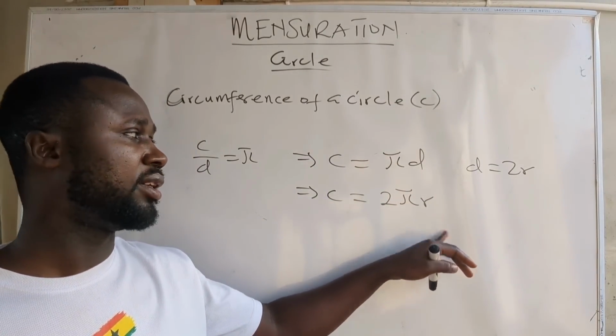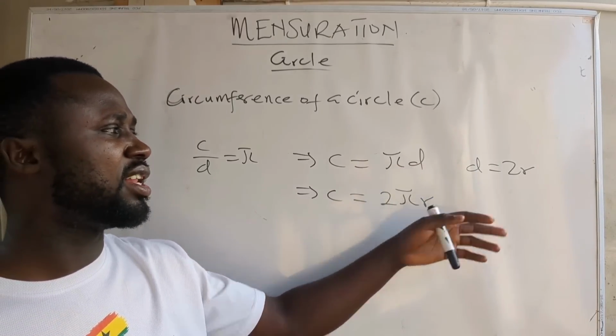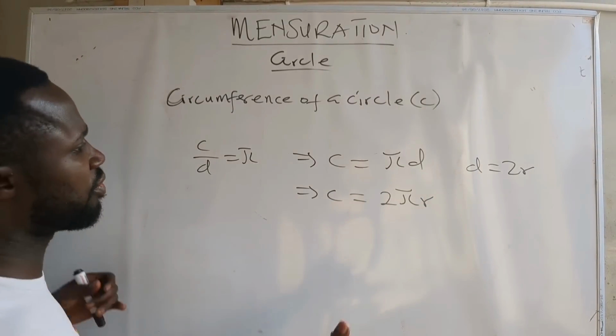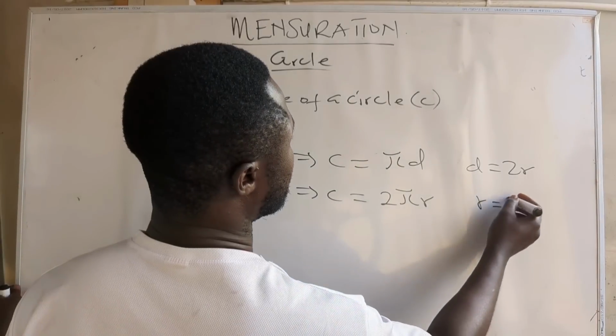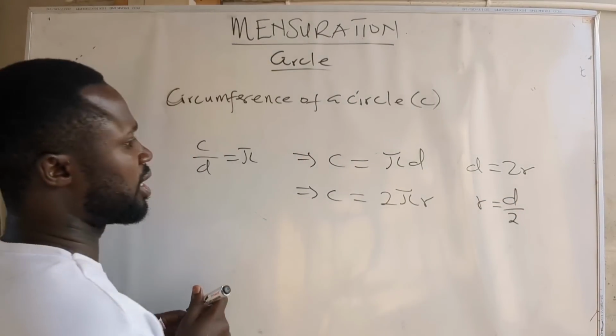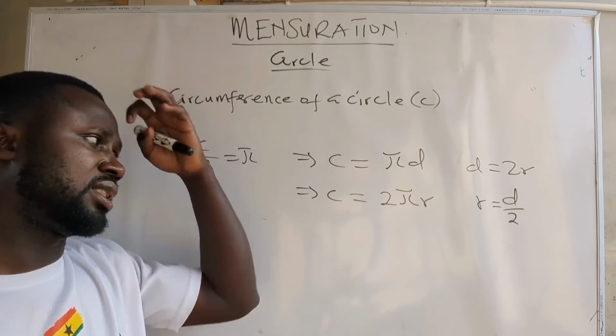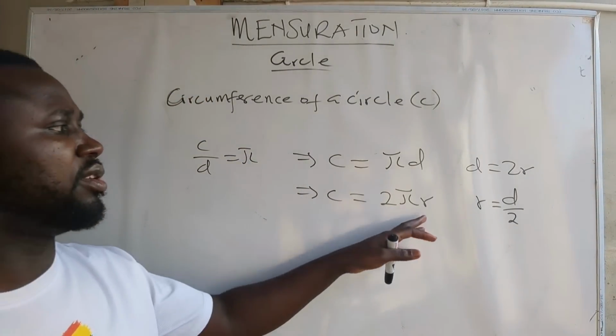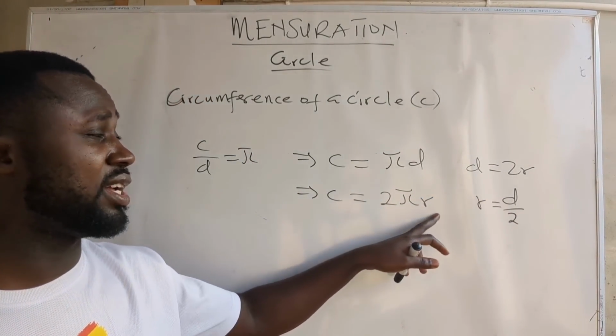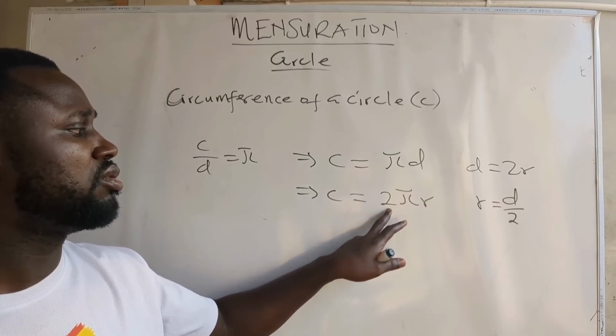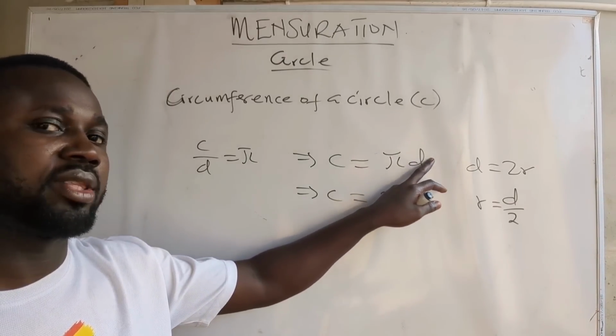Even if you are given the diameter, you can divide it by 2 to find the radius. If you are given the radius, you can multiply it by 2 to get the diameter.